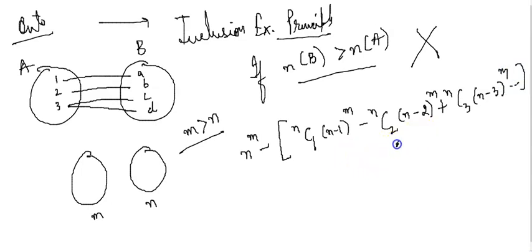So basically the terms written in this bracket are into functions, and if I exclude all into functions from the total number of functions, that will give us the total number of onto functions. So this is how we can calculate the total number of onto functions.